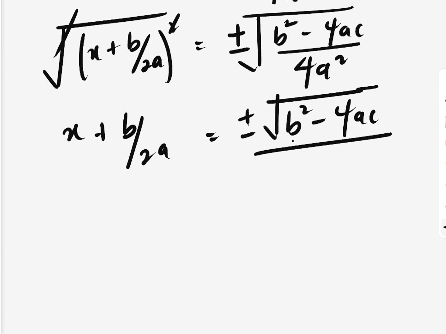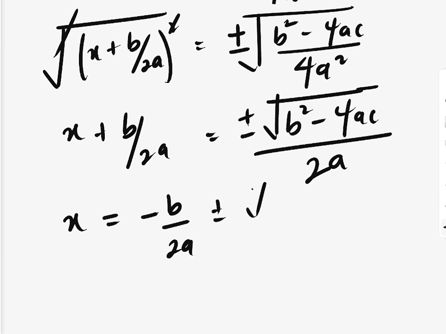So the square root of 4 is 2. Square root of a square is a. So now we have x. Now we can let it alone. X equals, then we take plus b over 2a to the other side. So we have minus b over 2a plus or minus the square root of b square minus 4ac over 2a.